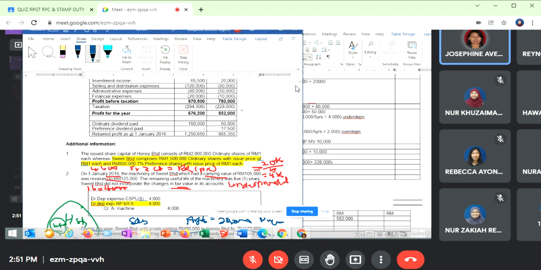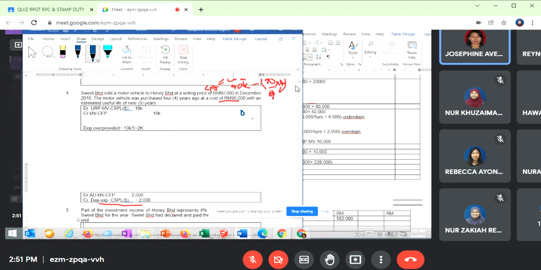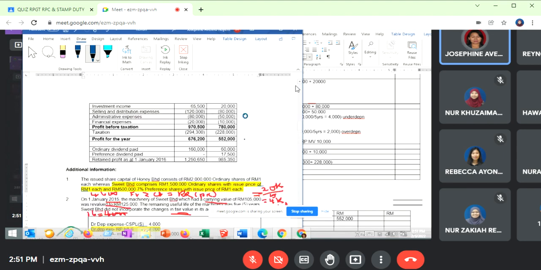So we take 4%, 0.04, and then you multiply by the ringgit value of the ordinary share capital of Sweet. Sweet comprises 1.5 million, so 1.5 million times 4% is equal to 60,000.